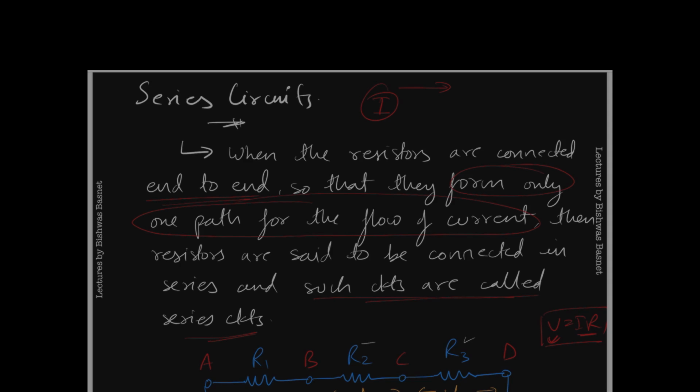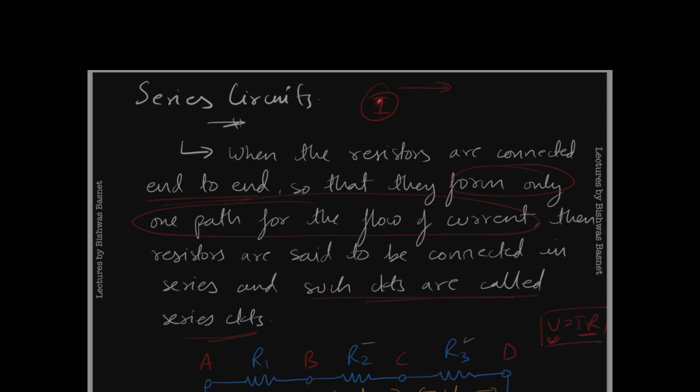So how should you know a series circuit is a series circuit? One major difference comes from how the resistors in the circuit are connected, right? Or the elements in the circuit are connected. If they are end-to-end connected, and along with it, if they are connected such that they will form only one path for the flow of current, right?